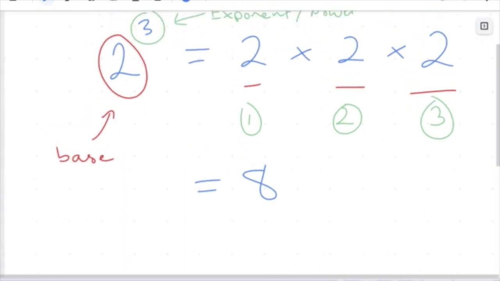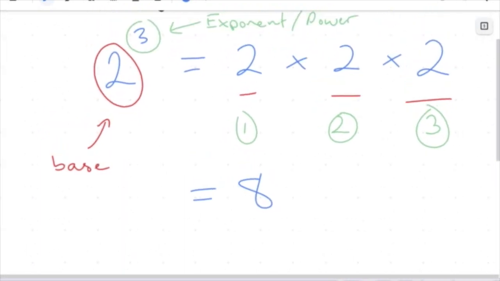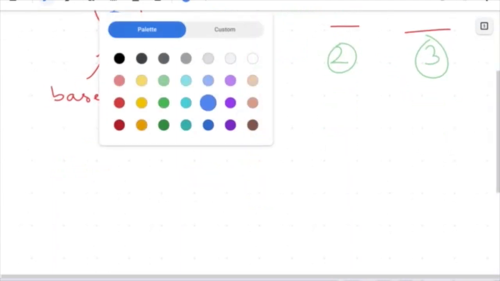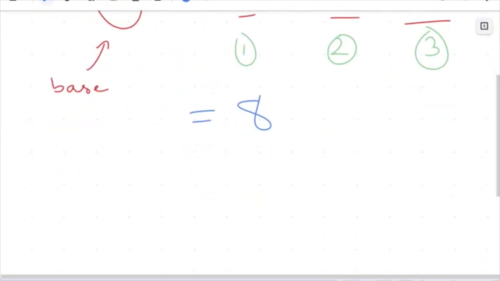Now, when we cube a number, we can also do the opposite to that. So we can do like what we did with square rooting, for example. We can take what we call the cubed root of a number. So here, if you want to take the cubed root of 8, that just tells me what number multiplied by itself 3 times gives me 8.